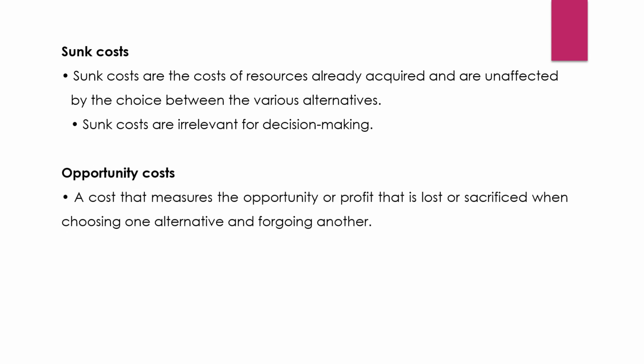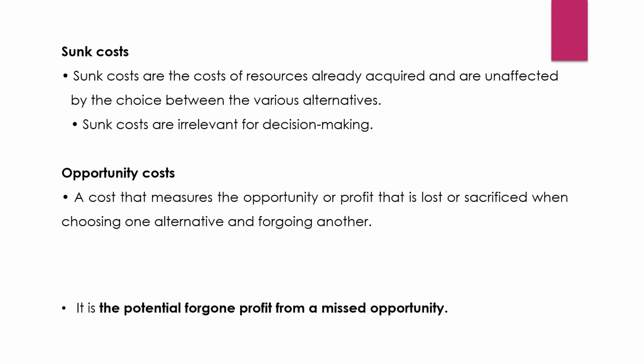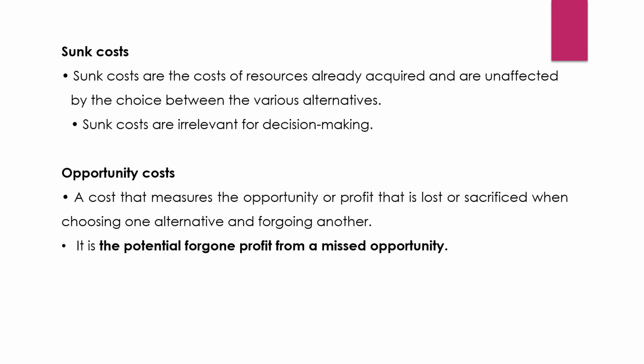Whereas opportunity cost is a cost that measures the opportunity or profit that is lost or sacrificed when choosing one alternative and foregoing another. It can be defined as the potential foregone profit from a missed opportunity.